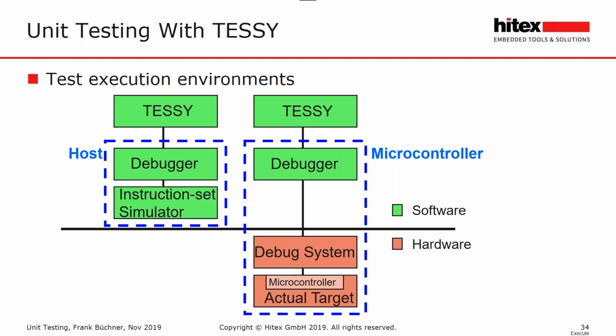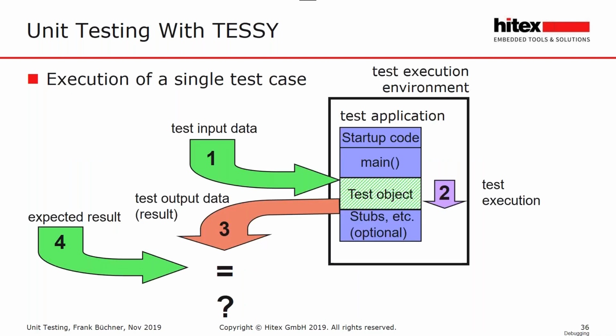So the steps up to now are: Tessy creates a test application, Tessy compiles a test application, Tessy loads the test application in the execution environment, and then the tests are executed in 4 steps. In the first step, the test input data is transferred to the test execution environment. In step 2, the test is actually executed.